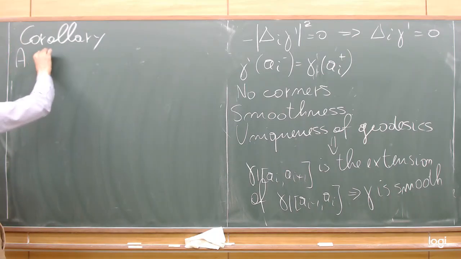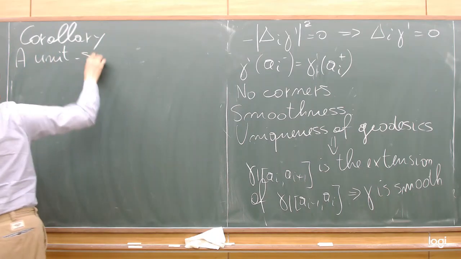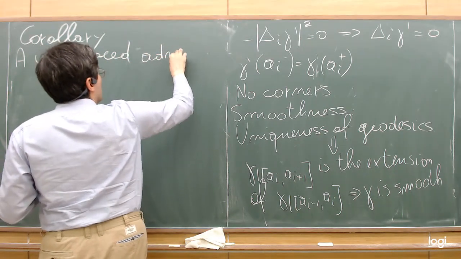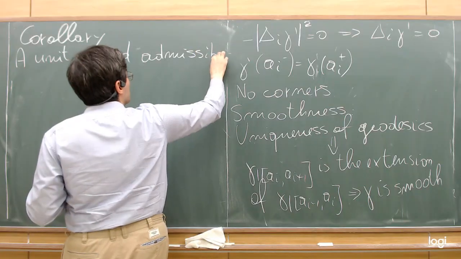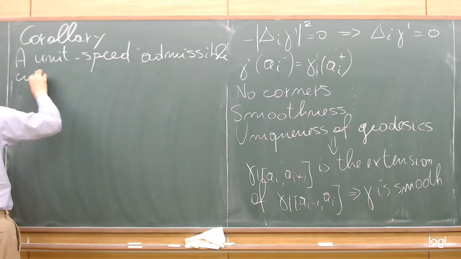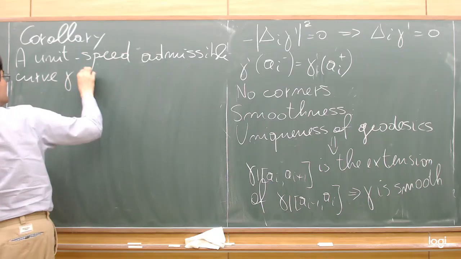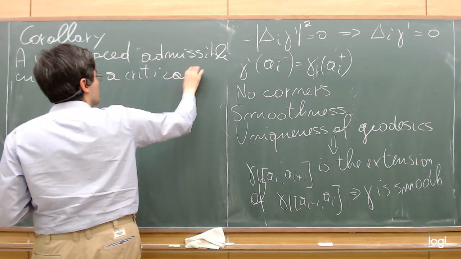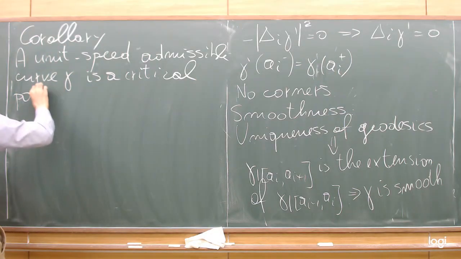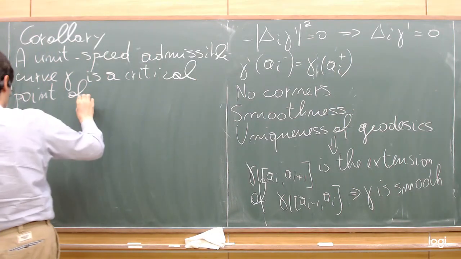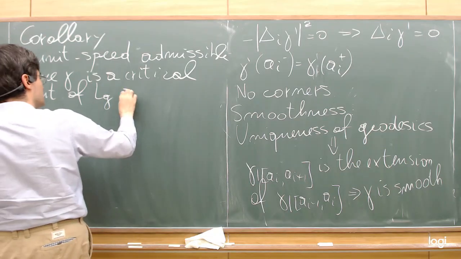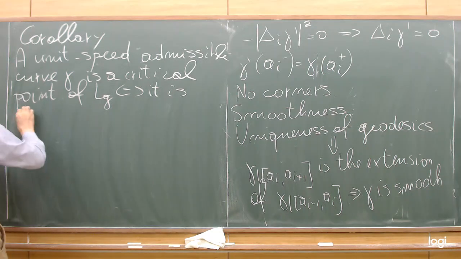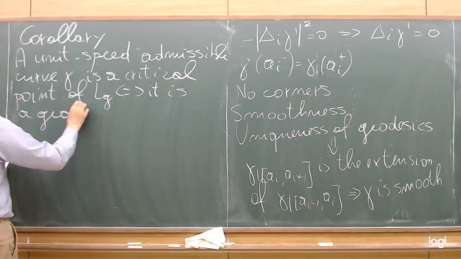Precisely, you have that a unit speed admissible curve gamma is a critical point of LG if and only if it is a geodesic.